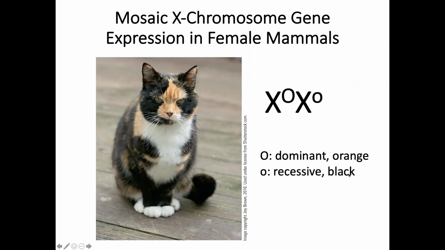Because X inactivation is random, the calico cat shows different colored patches of orange and black. Then you can tell from here that calico cats are always female.